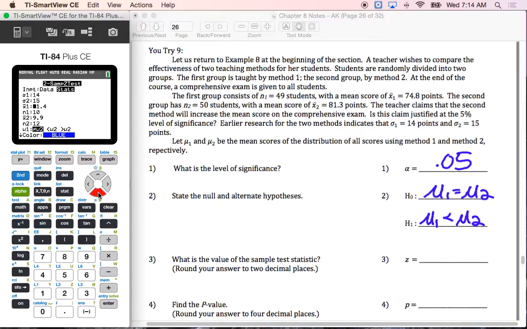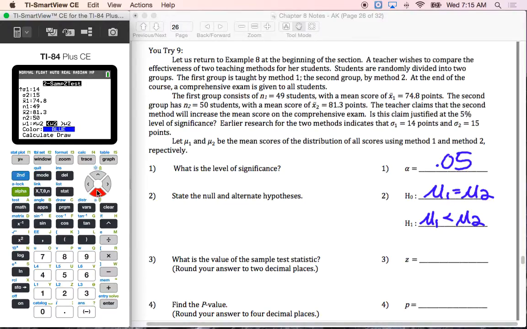My x bar 1, we've got 74.8. My n1 is 49. My x bar 2 is 81.3. And my n2 is 50. We are looking at less than.